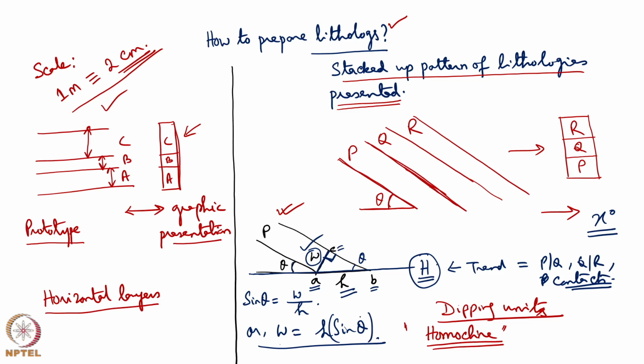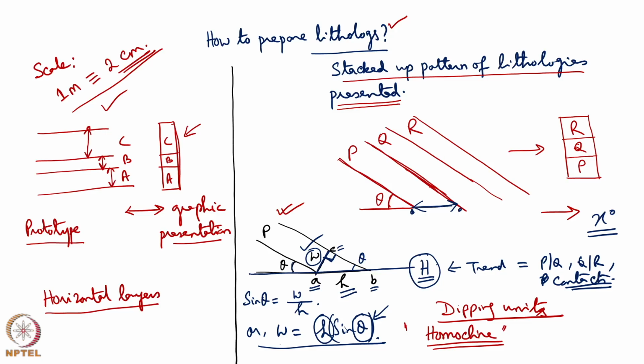In the field, theta is measured using a clinometer or Brunton, and h is measured along that specific line by a tape, or a geologist walks from here to there and knows one step is equal to so many centimeters, which can be converted to the h value. From h and theta known, omega can be obtained.